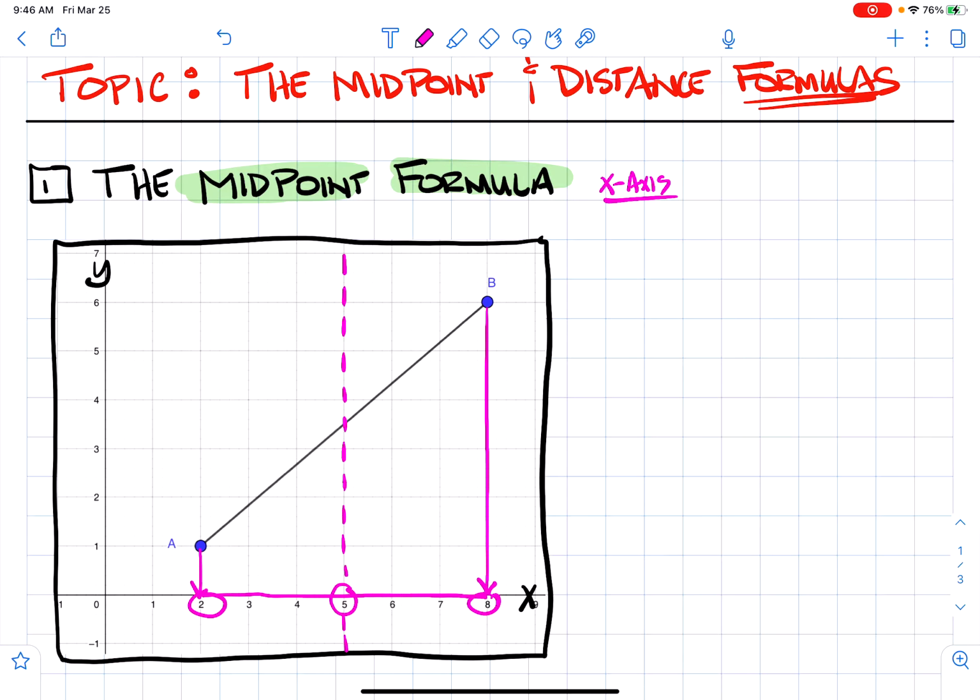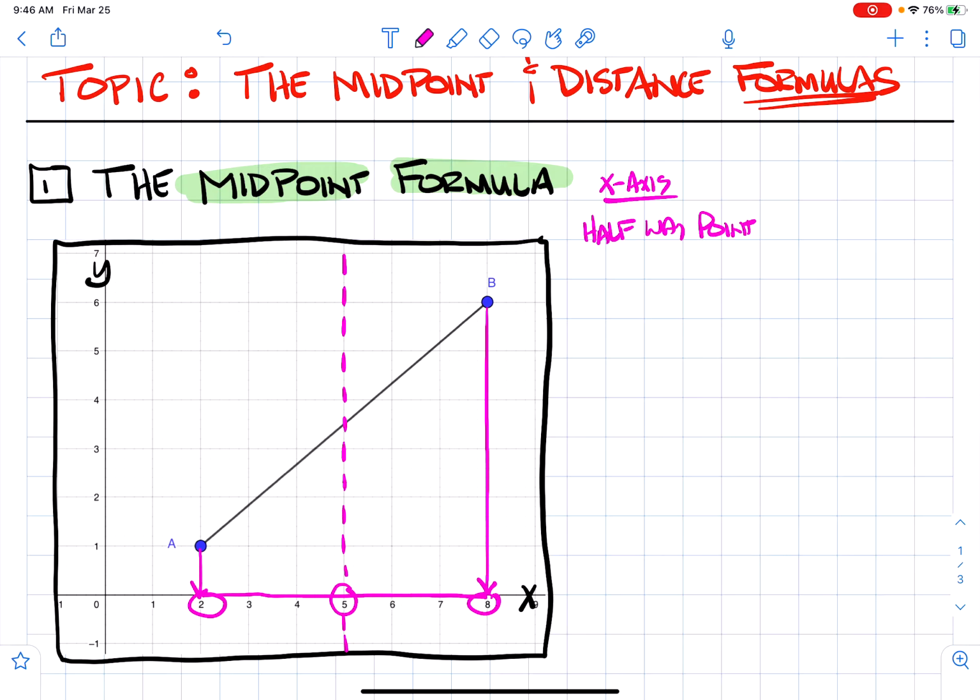So let's write all this down. The halfway point, how do we come up with 5?